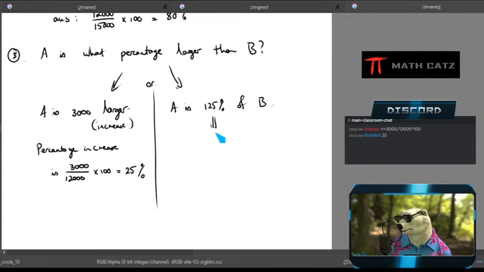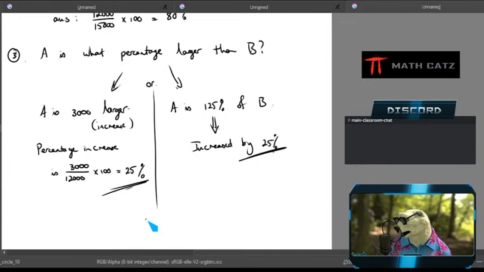So then from this, I also get an increase or increased by 25%. Lots of ways you can phrase it, doesn't really matter. So in both cases, I get the 25.